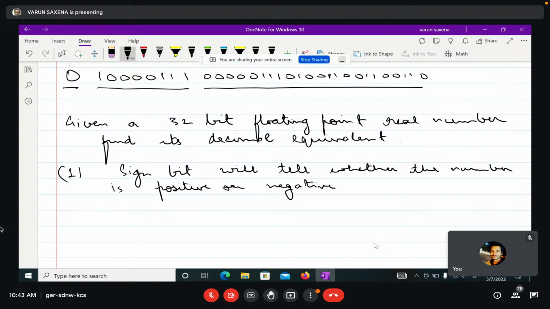Okay, so that's the first thing. All you need to do is just look at it. 0 means positive, 1 means negative.